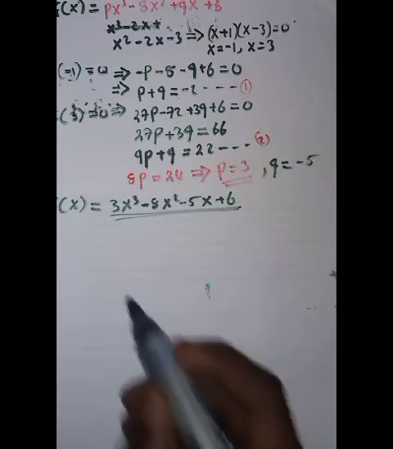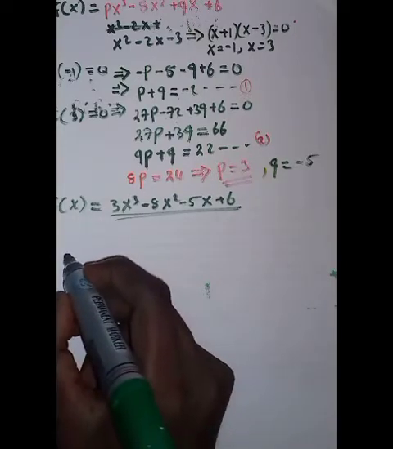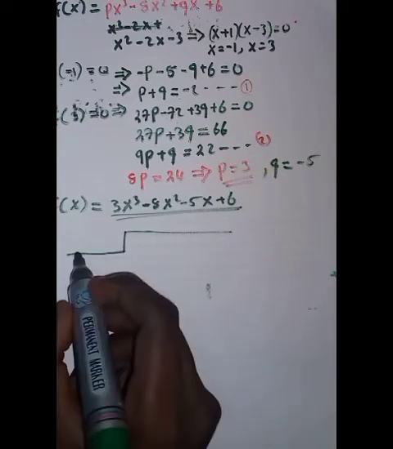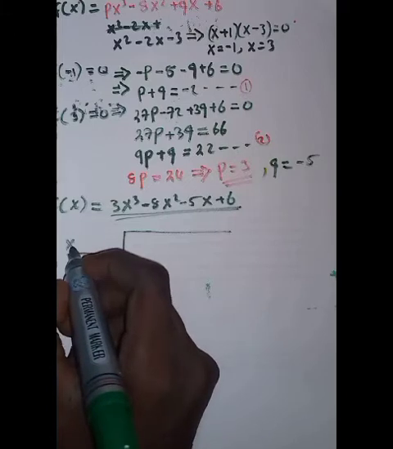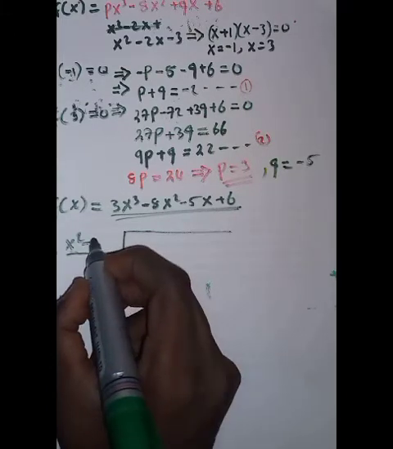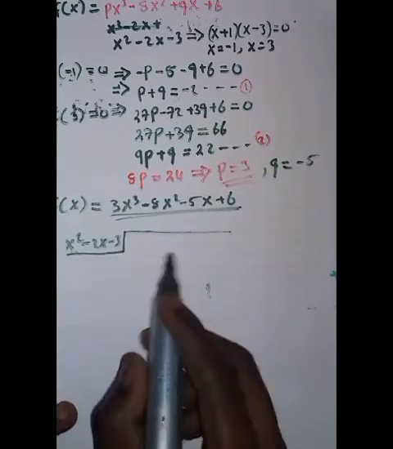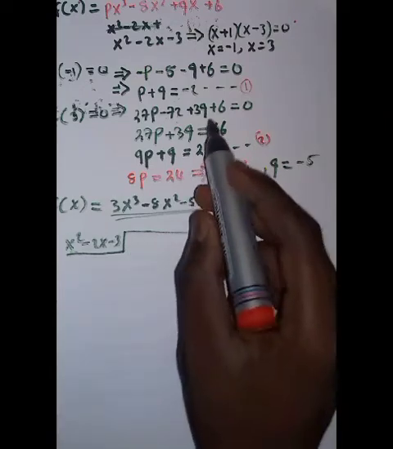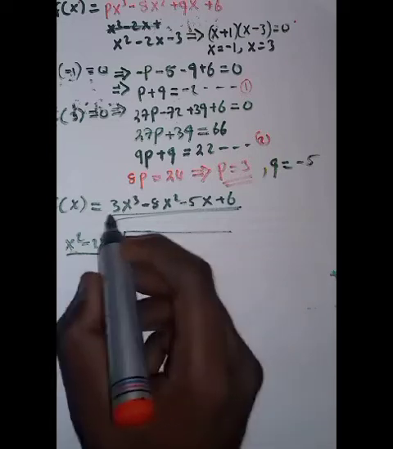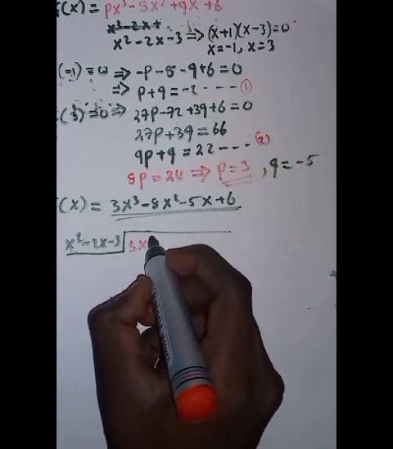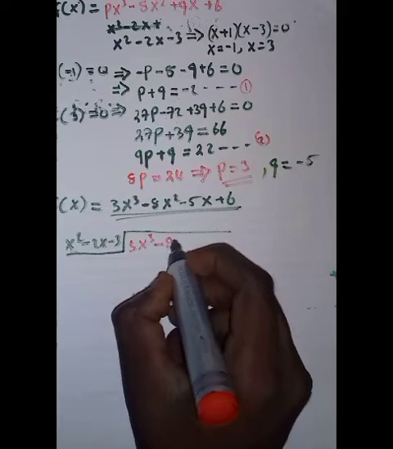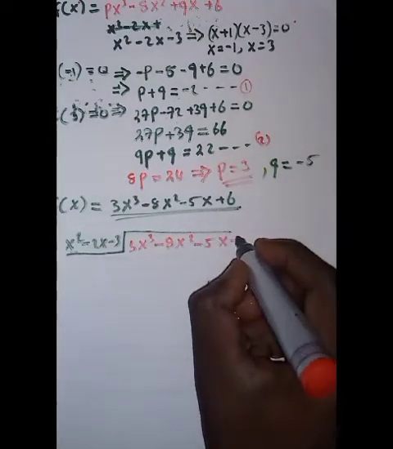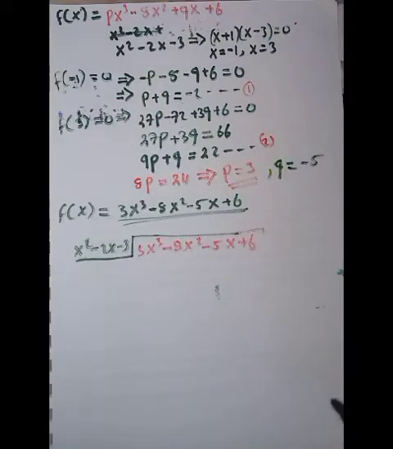So I'm going to put x squared minus 2x minus 3 outside, and inside I'm going to put the dividend, which is the polynomial 3x cubed minus 8x squared minus 5x plus 6.